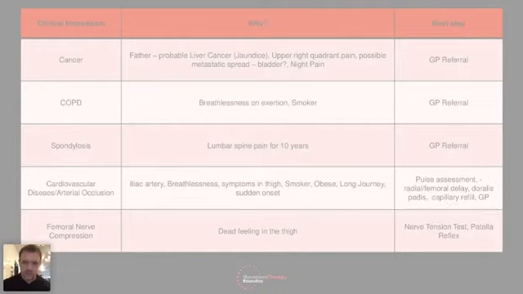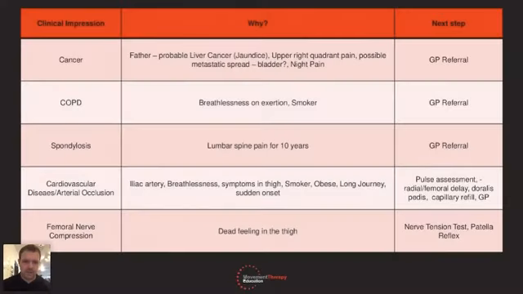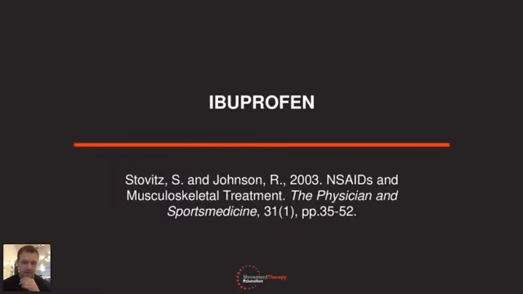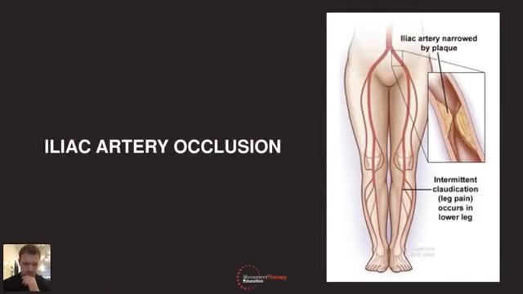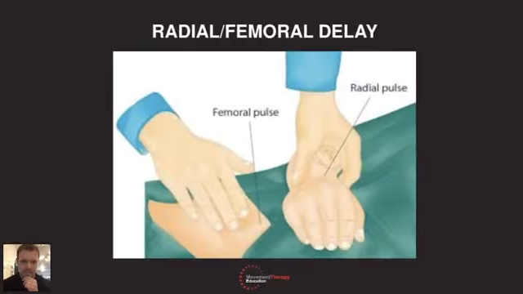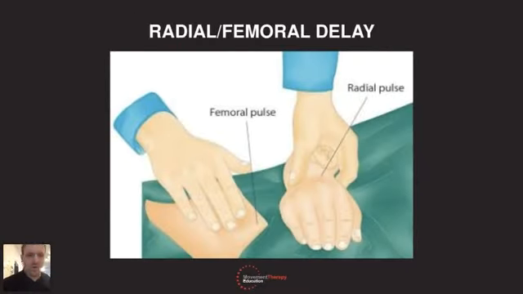So if you suspect that someone has got some kind of occlusion to their artery, then you can check the pulses. What you can look for is something called radiofemoral delay. The radial pulse is on the thumb side of the wrist, and the femoral pulse is by the femoral triangle area. You palpate both at the same time, and you feel for the beat. You should feel them beat at pretty much the same time.